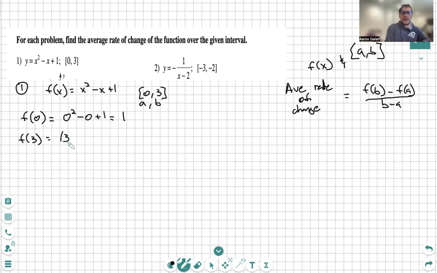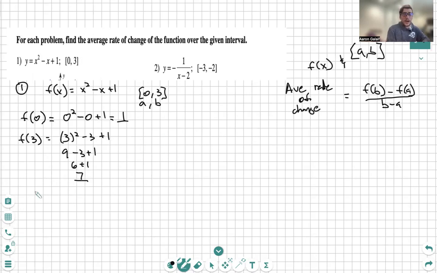This one might take us a couple extra steps without the zeros involved. Let's clean it up after we plug in 3 for the x. 3 squared is 9. The 3 just comes underneath. 9 minus 3 is 6. 6 plus 1 is 7. So there we go, we have f of 0 is 1. F of 3 is 7.